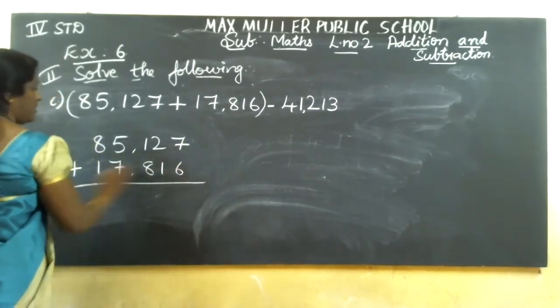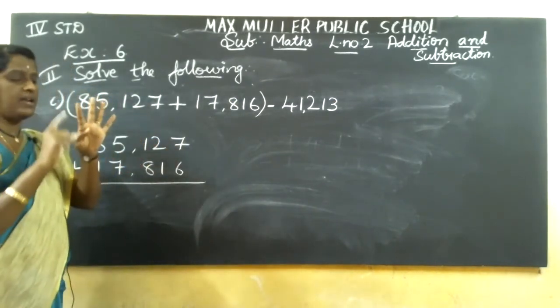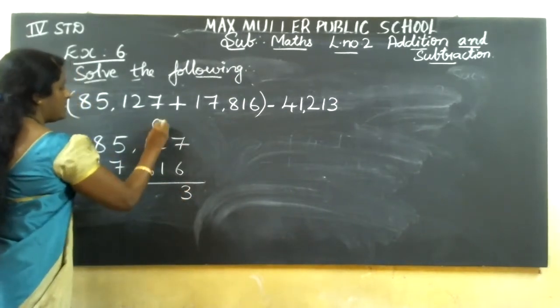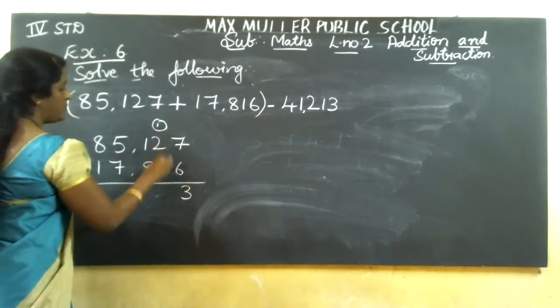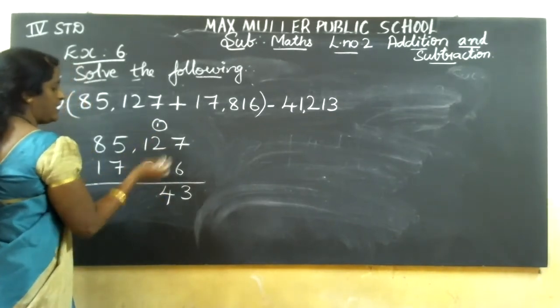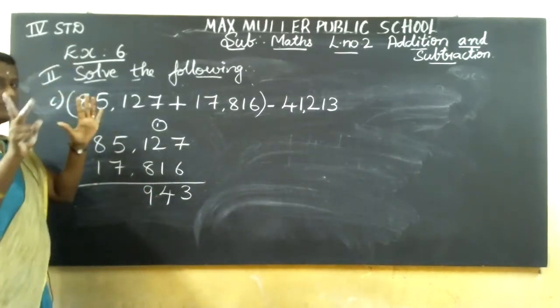17,816. 7 in the mind, 6 on my finger. After 7, 8, 9, 10, 11, 12, 13. 3, 1 carry, 2 plus 1, 3, 3 plus 1, 4. 8 plus 1, 8 in the mind, 1 on my finger. After 8, 9. 5 plus 7, 5 in the mind, 7 fingers.